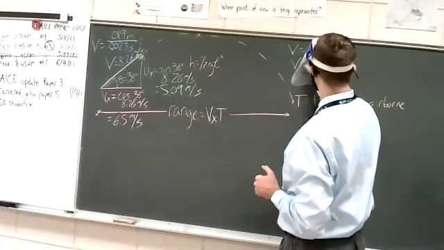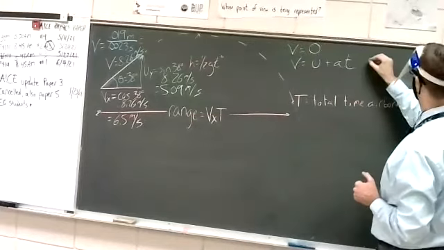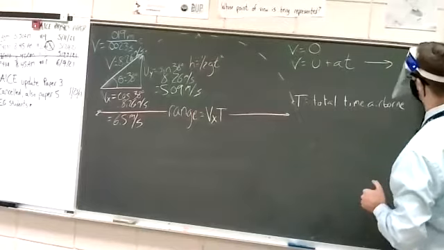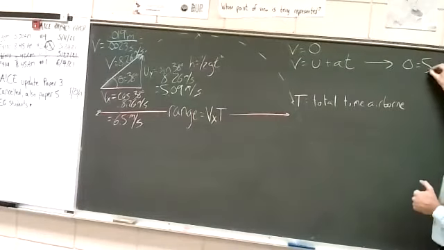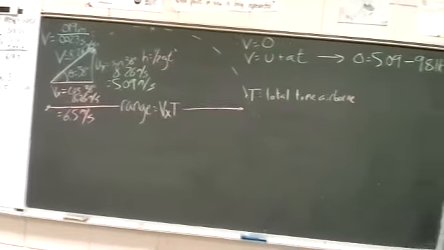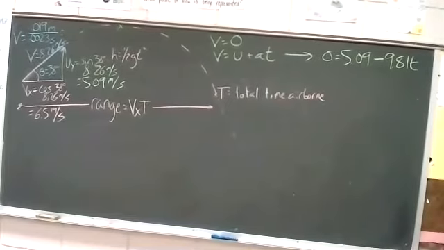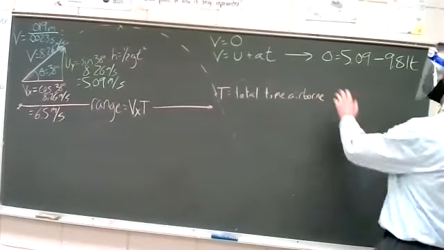The velocity is equal to the initial velocity plus acceleration times time. So 0 equals 5.09 minus 9.81t. This is using this equation of motion.